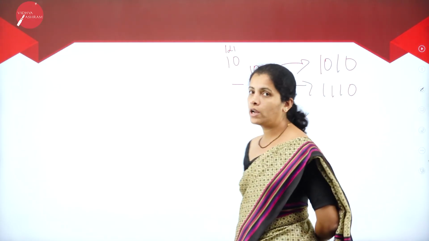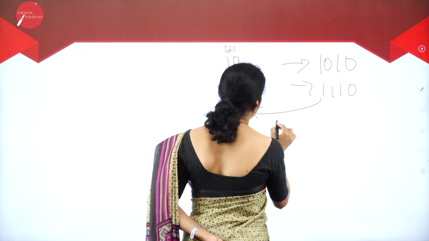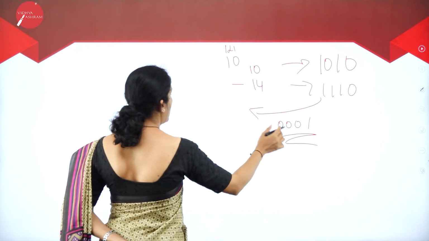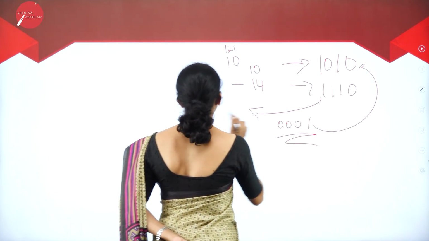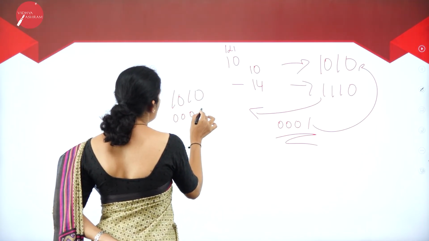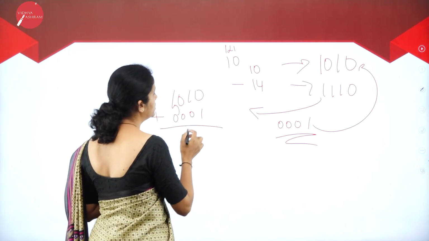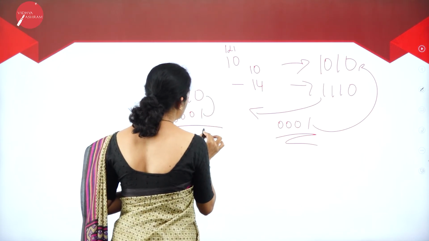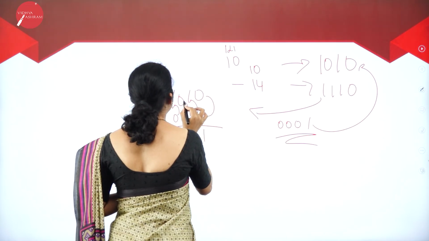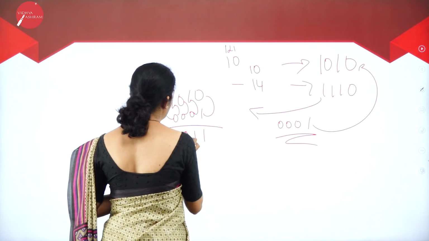Now, I want to take the 2's complement of this, that is 0, 0, 0, 1. Now I'm going to add this with this, that is 1, 0, 1, 0 and 0, 0, 0, 1. So I'm going to perform binary addition: 1 plus 0 is 1, 0 plus 1 is 1, 0 plus 0 is 0, 1 plus 1 is 1.